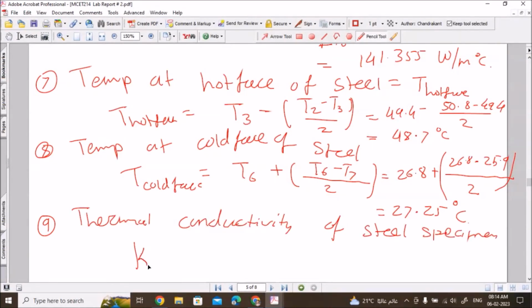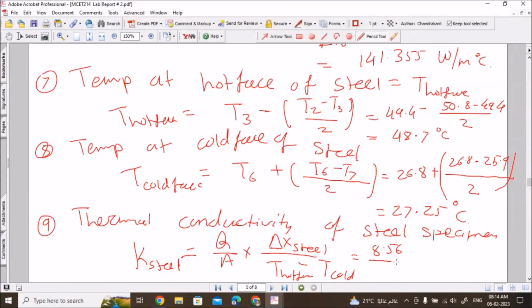Once you know T hot and T cold, we can find the last thermal conductivity, of the steel specimen. K steel is equal to Q by A, again the area is the same, into delta X steel divided by T hot face minus T cold face. Q is 8.56, no change. A is 4.91 into 10 to the power minus 4, no change.